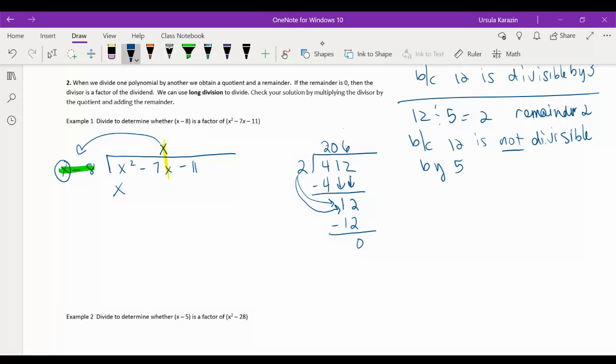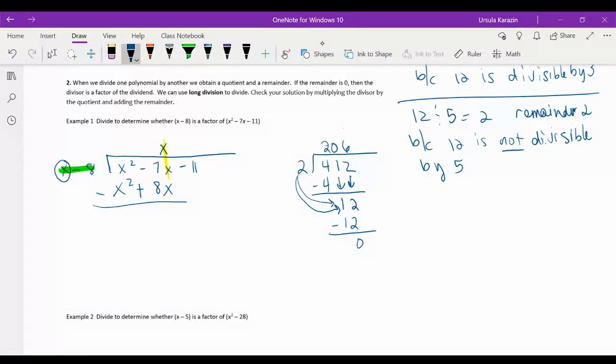And we distribute, so that's x squared minus 8x. Now here, guys, I really want you to do this. Draw the line and change the signs. Why do we change the signs? We're subtracting. And if you don't change the signs, you will most likely get it wrong. So just go ahead and do it.